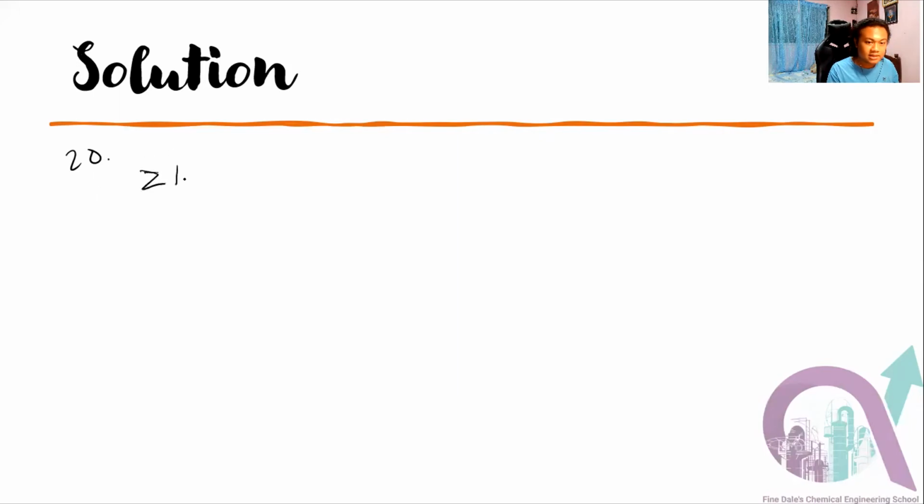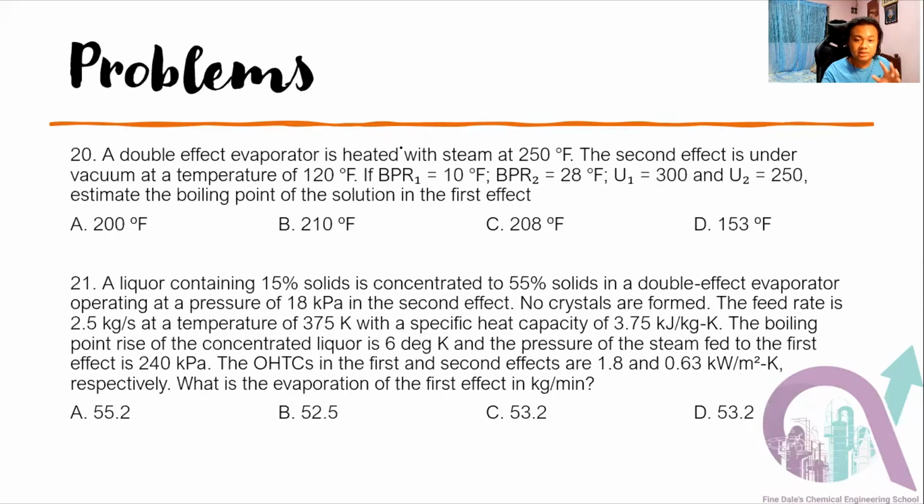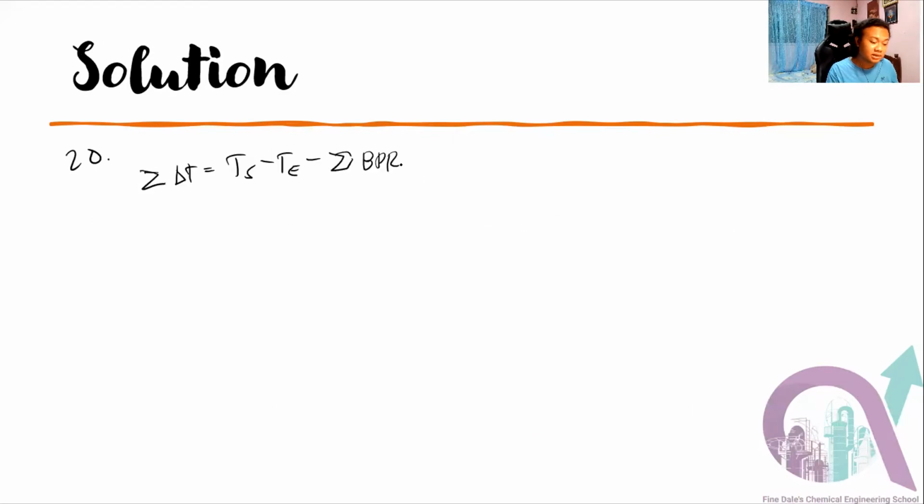You have this T, TS, TE, and then the BPR. Just add these BPRs, you have 38. So the temperature of the steam is 250 minus 120 minus 10 minus 28.